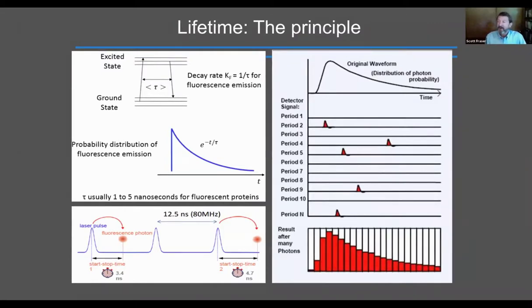Lifetime involves trying to measure the time a fluorochrome spends in the excited state before it drops back down towards the ground state and emits a photon. So the typical way that that can be measured is to use a pulsed laser and then measure the time and add those up to obtain the exponential decay that you can see in the right-hand panel.